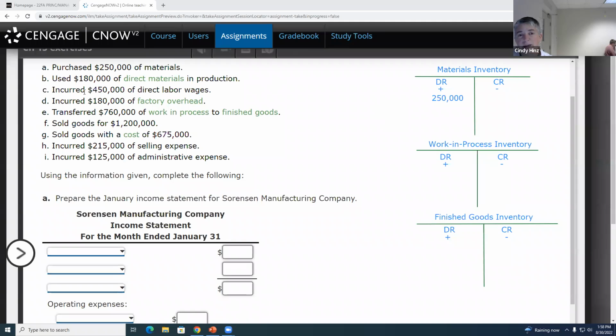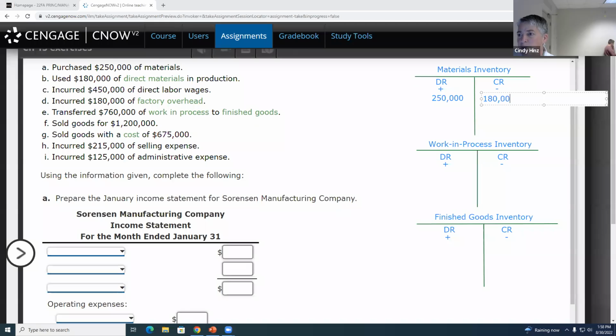The next item, letter B, says we used $180,000 of direct materials in production. If you think back to that handwritten flow chart I was referring to last class, when we use materials in production, we physically take them out of the warehouse or wherever we store them, and we move them onto the production floor. And in our accounting records, we really do the same thing.